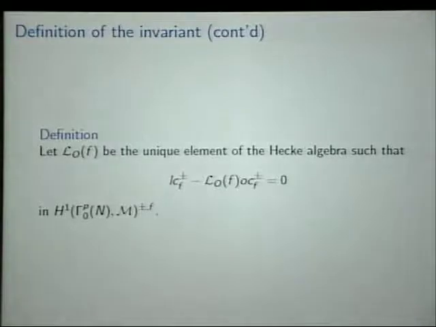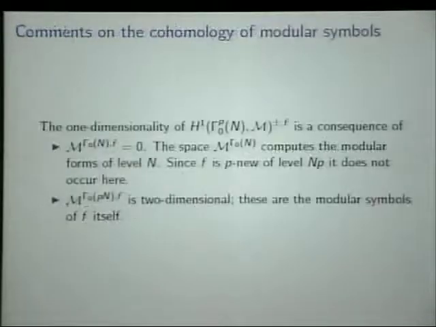Now, what is this group? Why is it only one-dimensional? That has nothing to do with p-adic analysis. I mean, that somehow is a question about modular symbols in general. So let's take a look at this group, and see how, even though it looks quite a bit bigger than what you would normally expect to see.